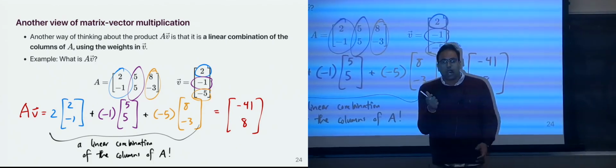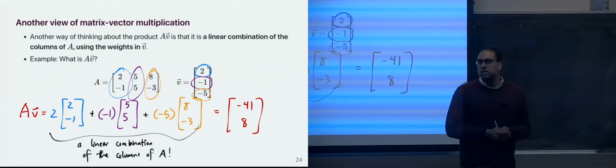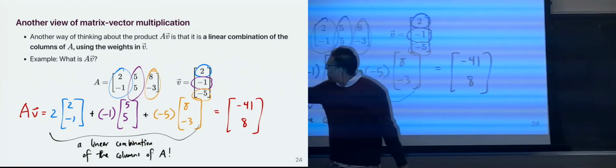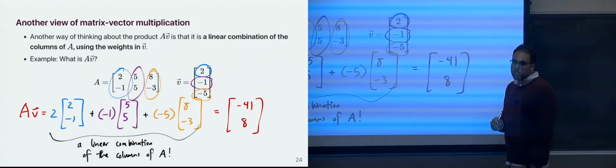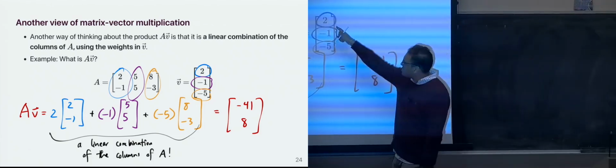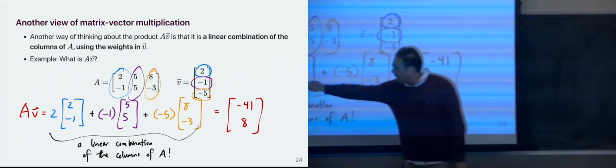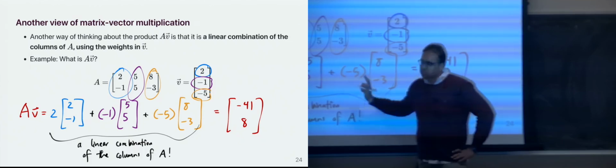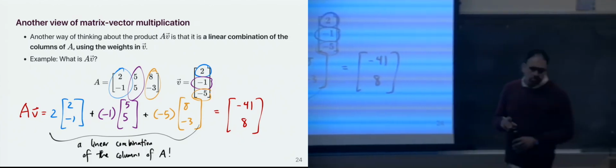And remember, a linear combination of vectors is just a sum of terms of the form number times vector. If I changed the elements of V, I would change the coefficients on these three column vectors. If I change this to a 14, that would change this coefficient to a 14. Sound okay?